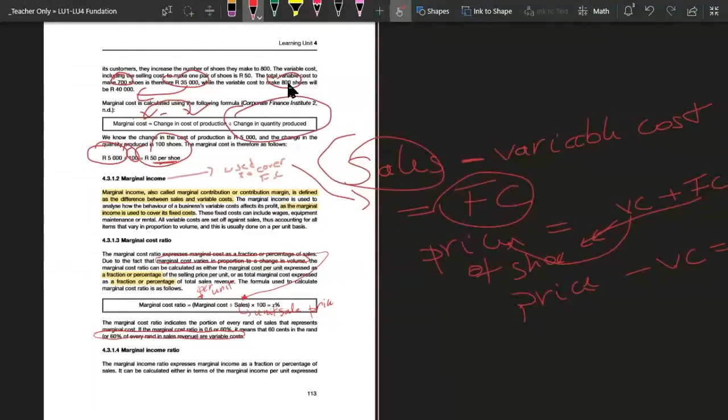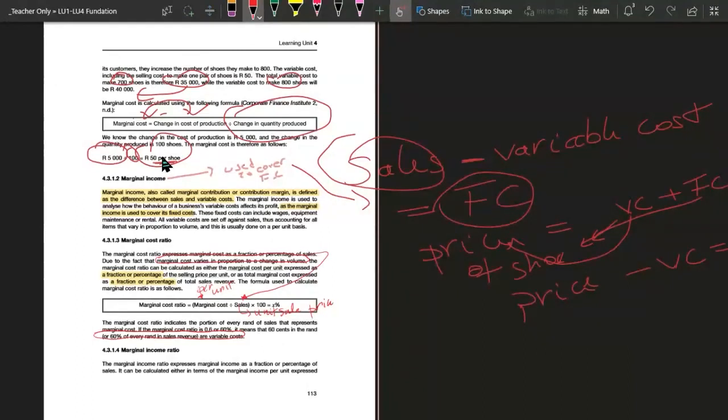So you take 40,000 minus 35,000, which gives you 5,000. You divide it by the increase in production of 100 shoes. 5,000 divided by 100 gives you 50 per shoe. That's what we call the marginal cost. It is the cost of producing one more unit.